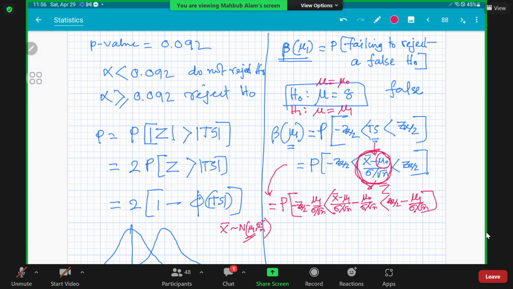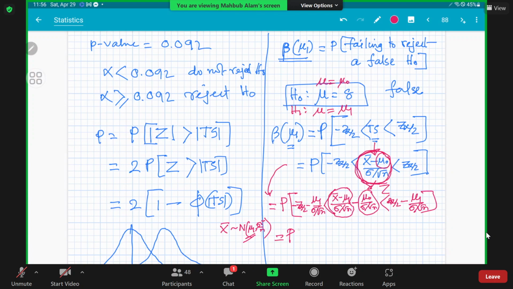In this case, this quantity is z, and we want to offload it from here. So we will add this quantity from all sides.